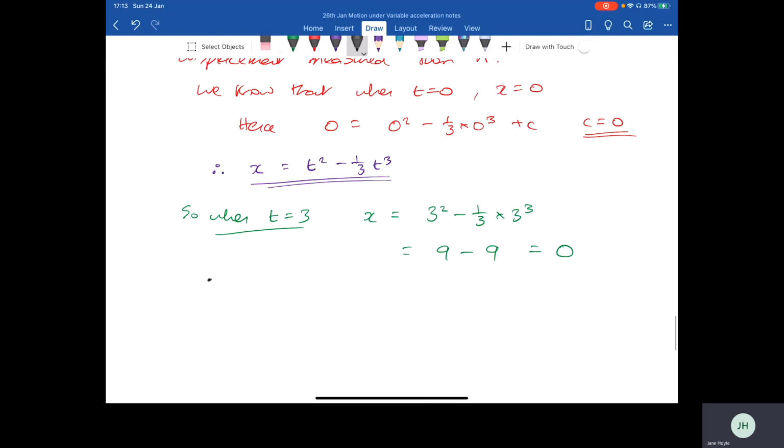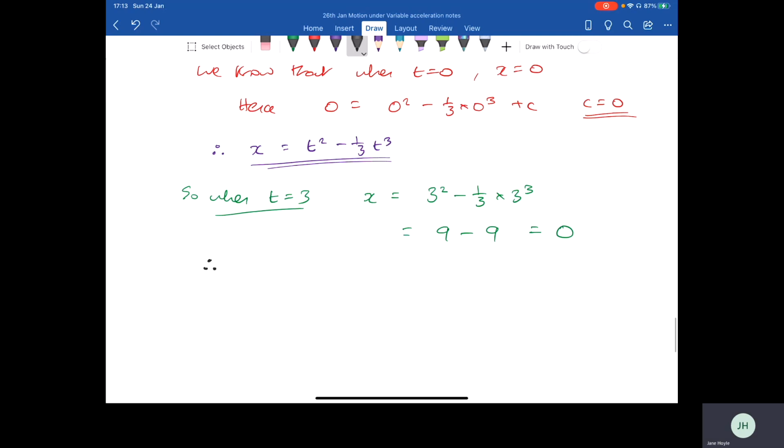What this means is that displacement is 0, hence the particle is back at its original position. So you can easily see how an exam question might say, work out the displacement, and then final part, what is the significance of your answer?